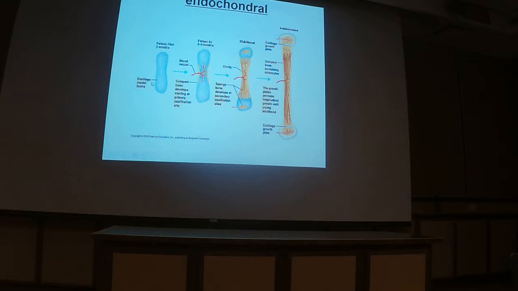You have a cartilaginous model, then you develop a foramen there, you start to ossify in the middle, you build a diaphysis like that, then you build a secondary center here and another secondary center there, and that's how you can create a bone that has a complex joint and also can elongate the bone.